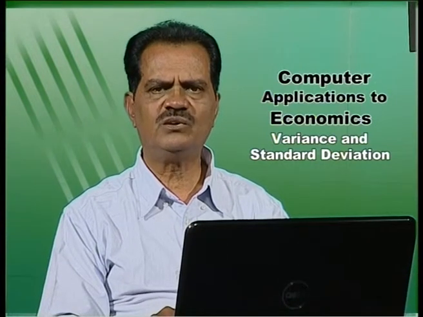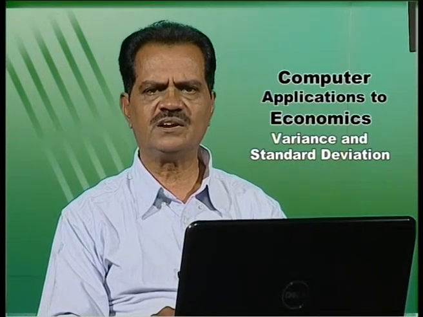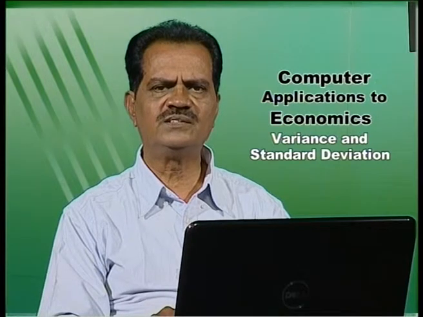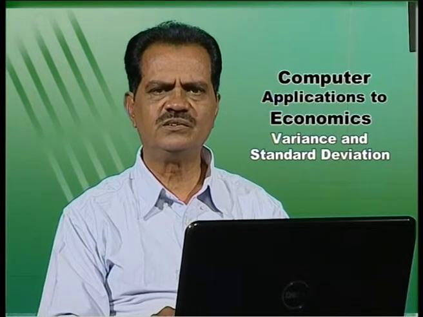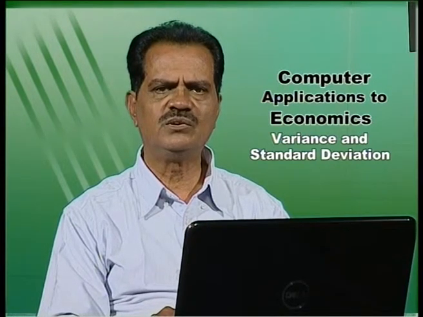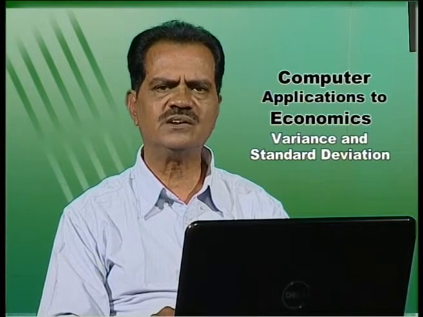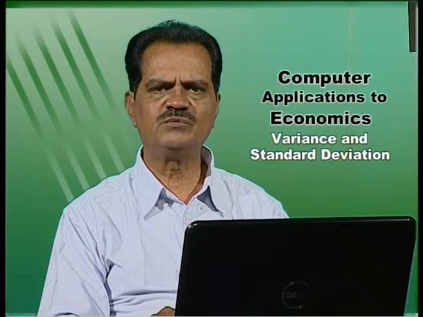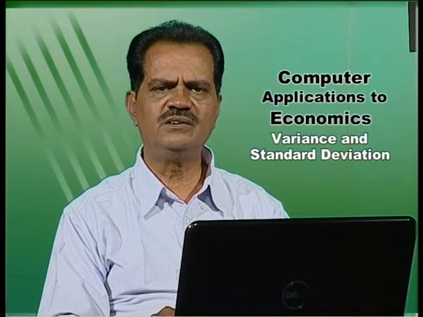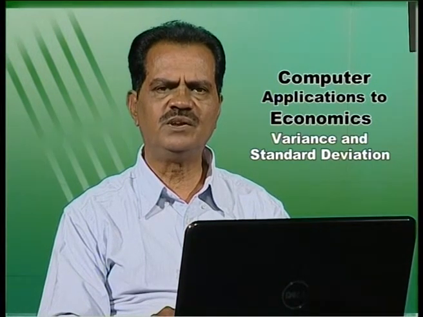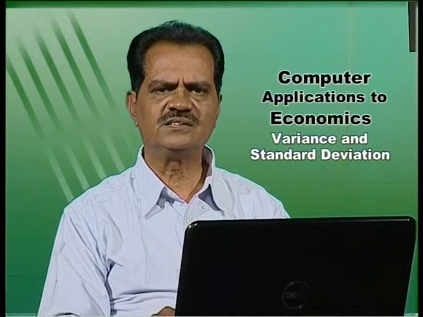We try to see how the mean deviations are found, and then on that basis we came to know that the sum of the squares of the deviations from the mean divided by n will give us the variance.